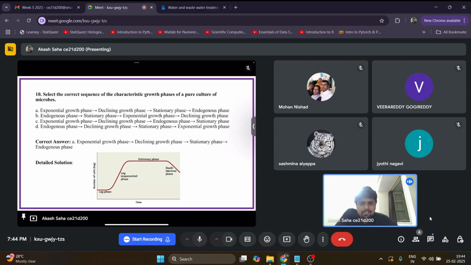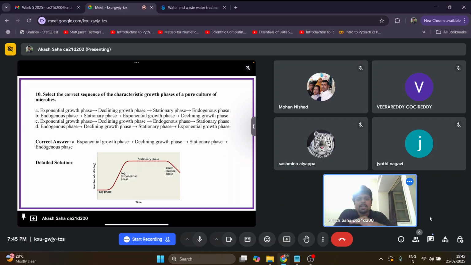In that phase, the bacteria try to acclimatize with the surroundings, or whatever environmental conditions are being provided in the system. In that time, very little or no growth will be seen. It is not exactly a flat line.